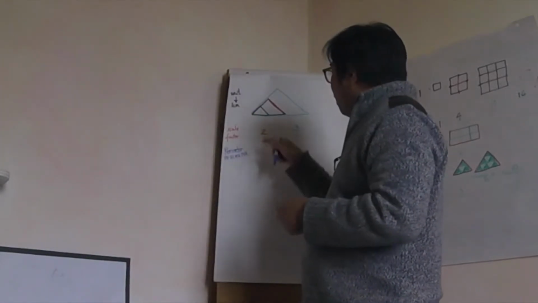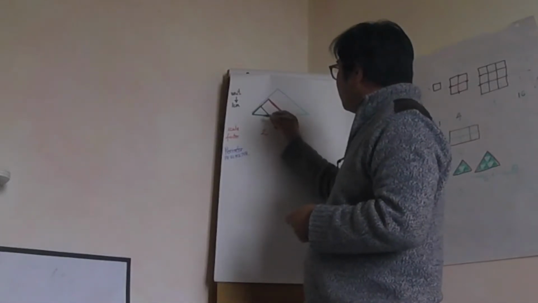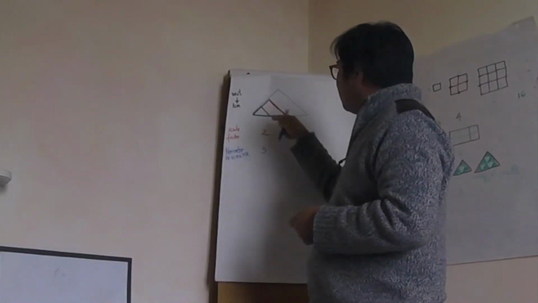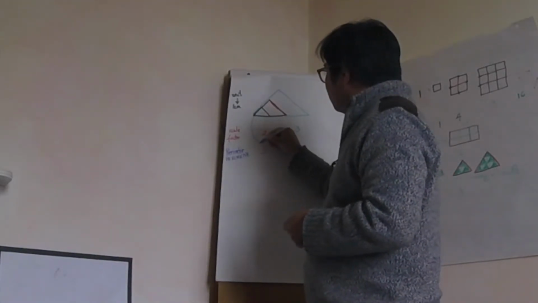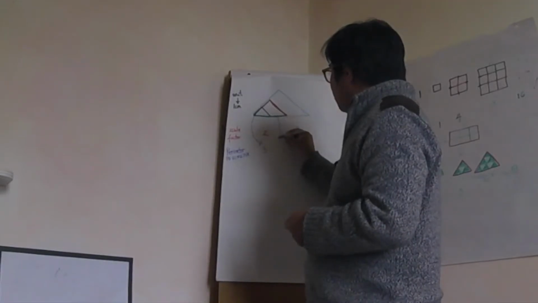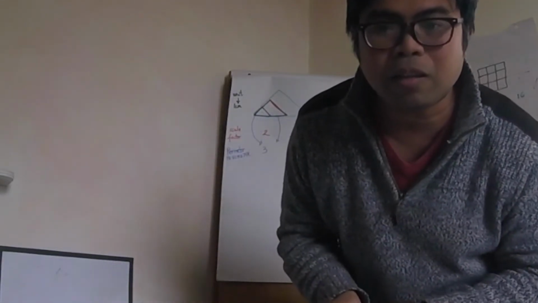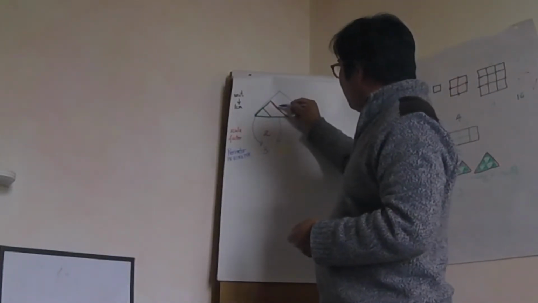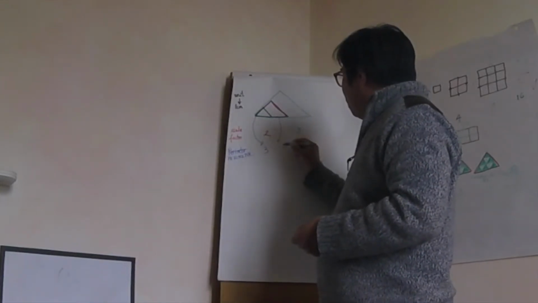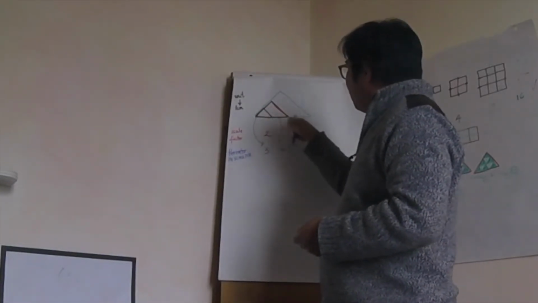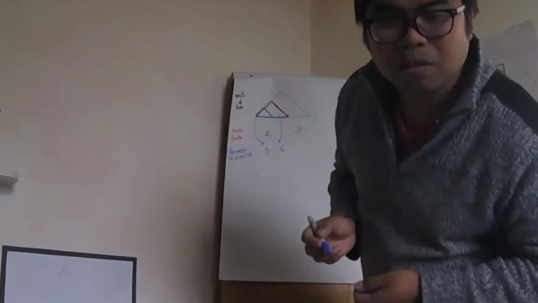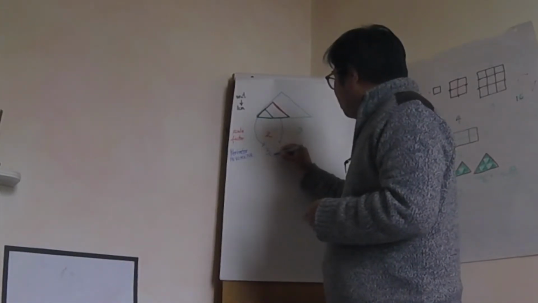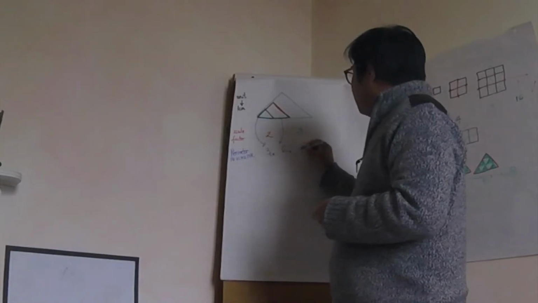So the perimeter of the black triangle is 3. What's the perimeter of the red triangle? 6. Thank you. Because it's 1, 2, 3, 4, 5, 6. There you go. What's the perimeter of the green triangle? Thank you. It's 9, right? So here we have to put the word centimeter.